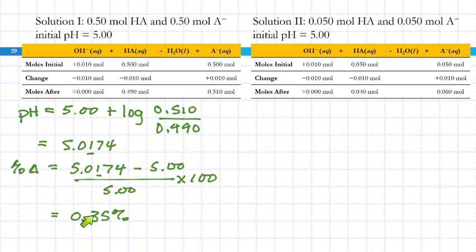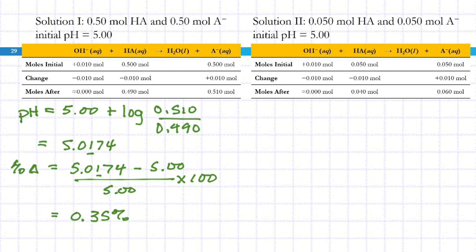So this change in pH was less than the good one on the previous example. These concentrations are 5 times larger. That one was 0.1, and this one's 0.5. So the amount of change in the pH is lesser when you have higher concentrations.